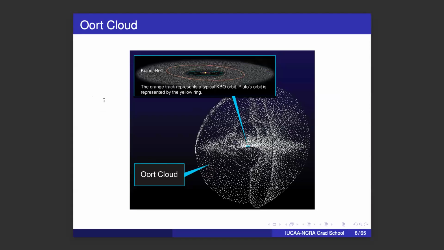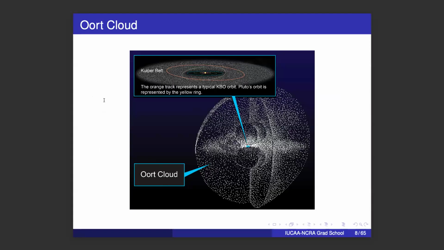Yeah. So for context, just to show you how much bigger the Oort cloud is relative to the Kuiper belt. So what has been shown here in the zoomed region, what they've done is they've taken this little rectangle and zoomed it out over here. So this orange track represents a typical KBO orbit.